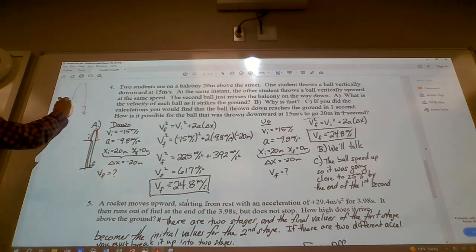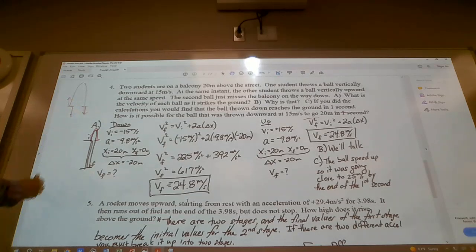Just as if I took the ball and I threw it downward at 15 meters a second. Okay. Do they hit at the same time? No, that is not what I'm saying. But when they do hit, their speed will be identical. Good with that?